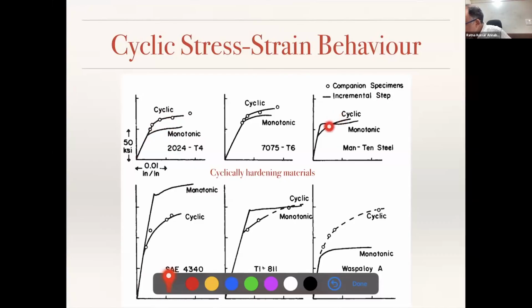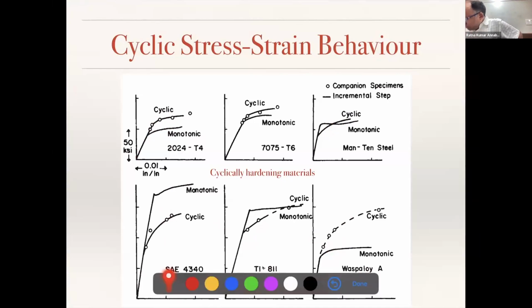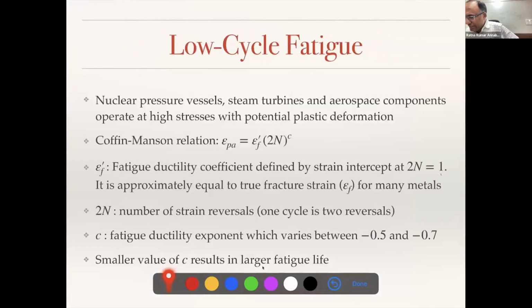All these things are cyclically hardening materials, whereas the figures on the bottom are cyclically softening materials. This one is again cyclically hardening, but these are cyclically softening materials. So these kinds of materials do exist in nature.